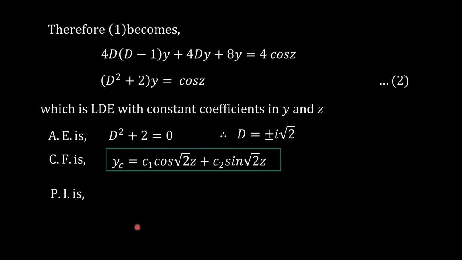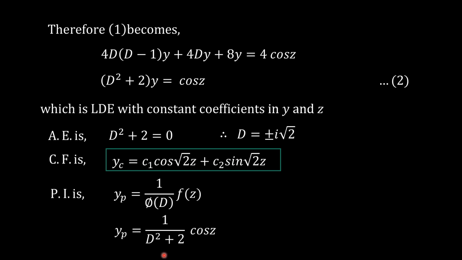So yp is equal to 1 upon phi of D of f of z. Here phi of D is D square plus 2 and f of z is cos z, which is a trigonometric function. And we know how to evaluate yp in case of a trigonometric function. There we replace this D square by minus a square, where a is the coefficient of z.